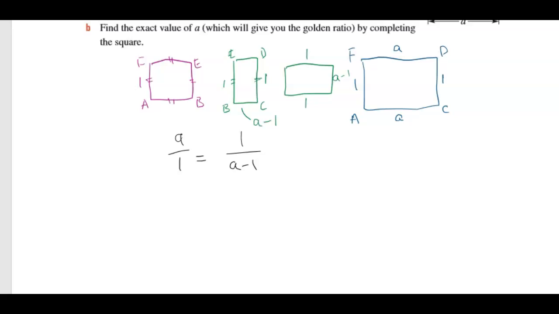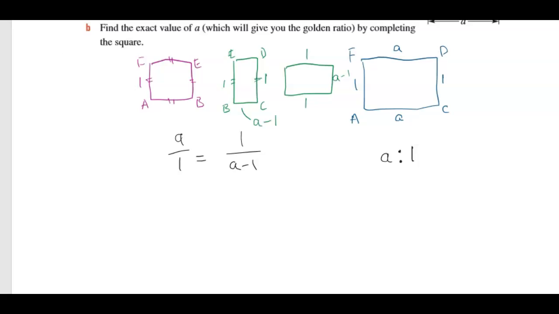Okay, so you can see here, this side here is A. So let's say that is A, and this side here is 1. So you can write them as a ratio. Okay, so this side here and this side here are what we call the similar side of that rectangle. And let's say this is the bigger photo that we wanted to increase.